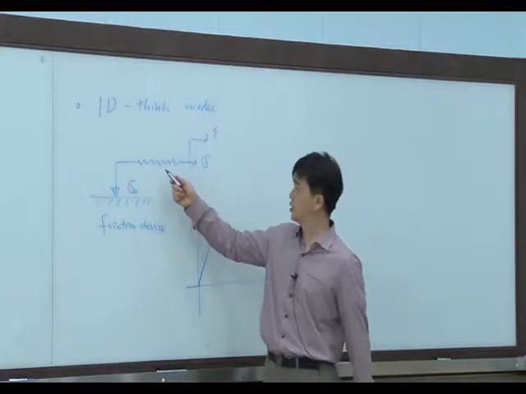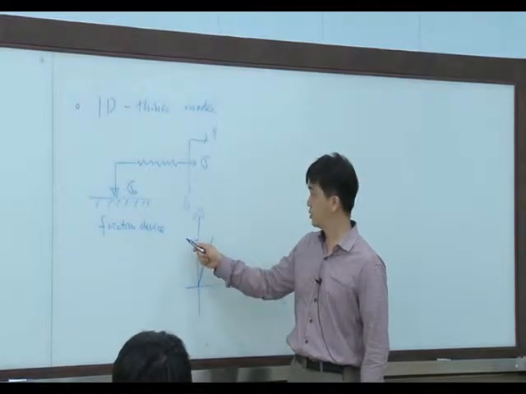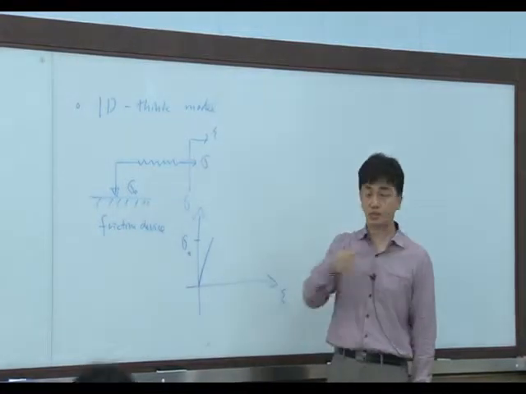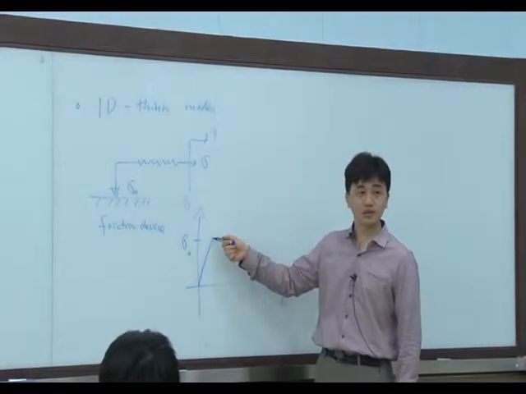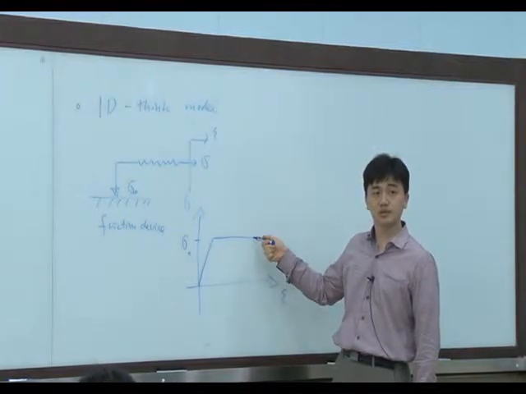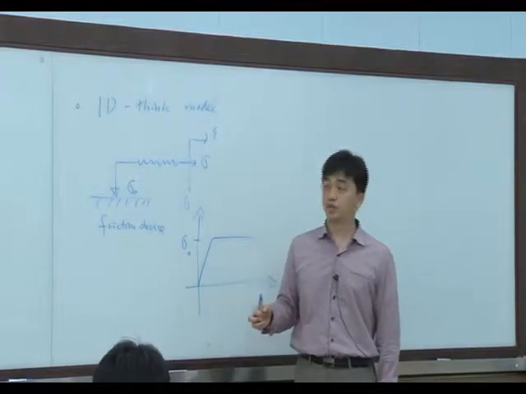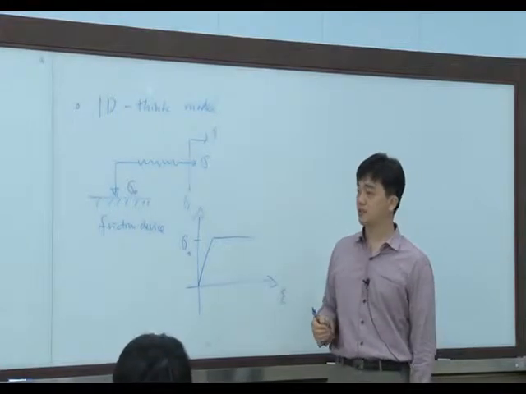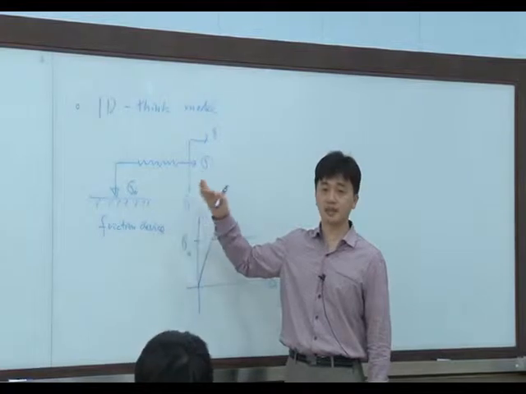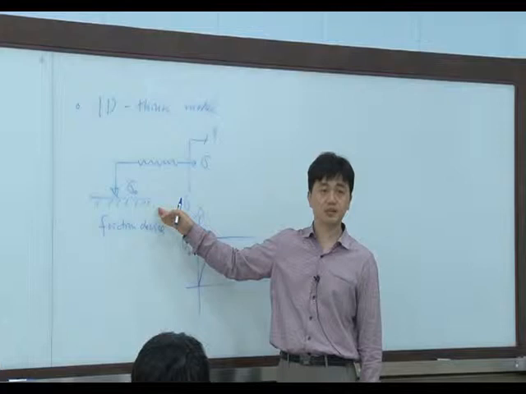And once the internal stress of this spring goes to sigma 0, this friction device moves, right? This will move. Okay? So, what I'd like to show is that the elastic perfectly plastic material model can be explained by this simple device, which has a spring and a friction device, right?